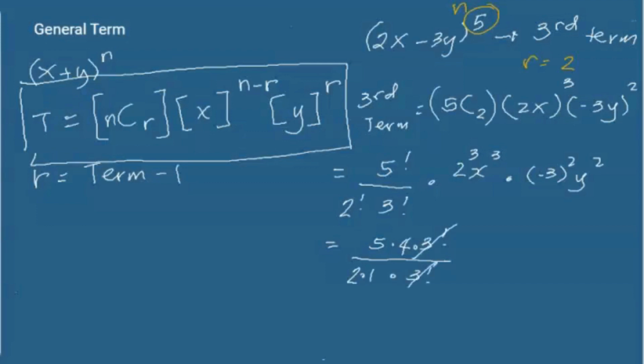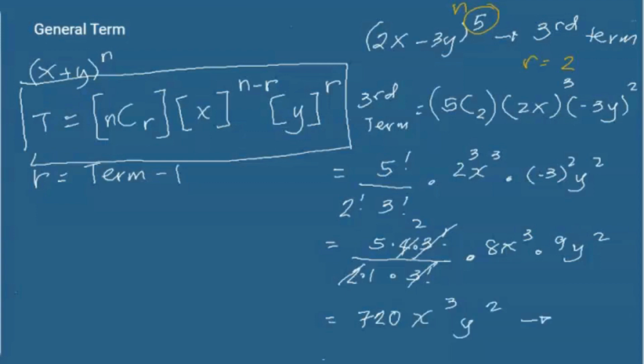So we cancel this. 4 and 2 is cancelled as well. So we have 5 times 2 is 10, times 2 cubed is 8 x cubed, times negative 3 times negative 3 is positive 9 y squared. So 10 times 8 is 80, times 9 is 720 x cubed y squared.